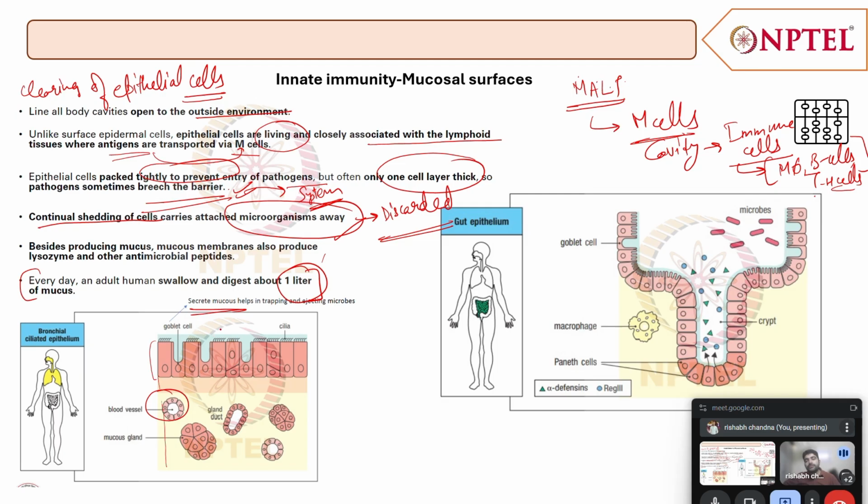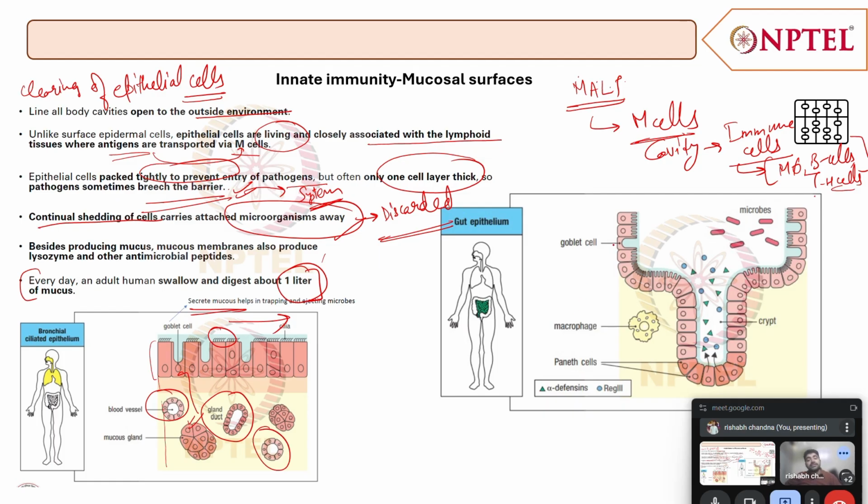And then we have cilia. Cilia help in maintaining the smooth flow of the fluid and the air in one direction. This is the function of the cilia. Then we have the gland duct. These are the mucus glands that secrete the mucus, and there are different ducts or blood vessels present in the particular line.